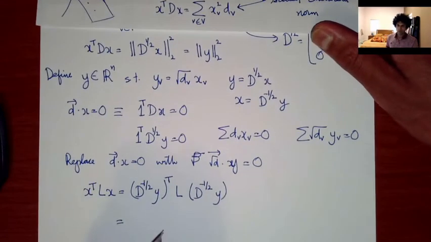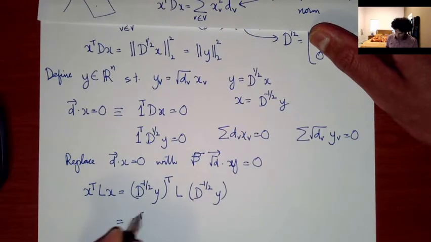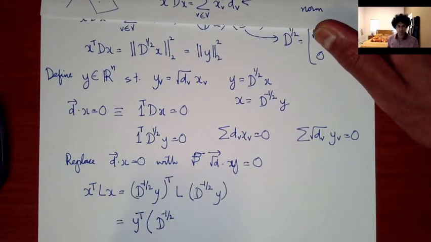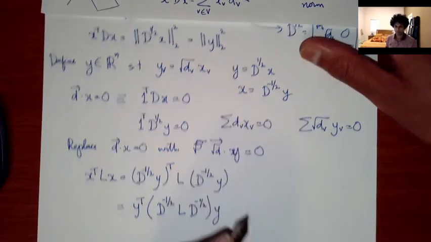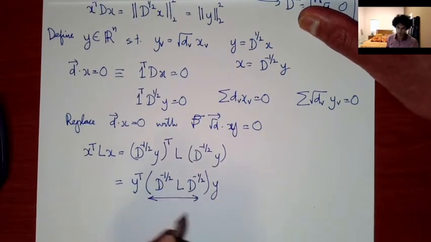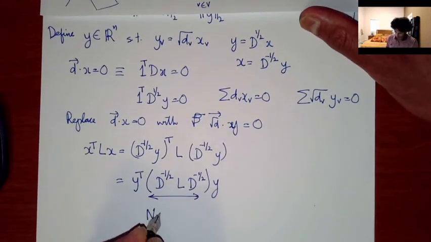When you put this all together, you get y transpose of this matrix, and the transpose of this matrix is just itself, d to the minus half L d to the minus half, of y. This is called the normalized Laplacian.